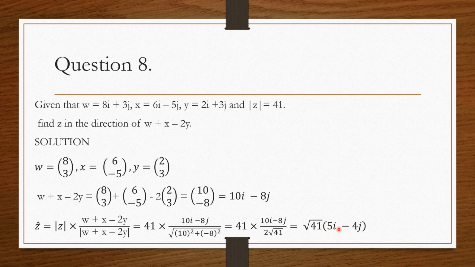So this is z in the direction of w plus x minus 2y. Okay, to do that, it is the magnitude of z times the unit vector of w plus x minus 2y. At the end, this is our result: the square root of 41, bracket open 5i minus 4j, the vector, close the bracket, and you have your answer.